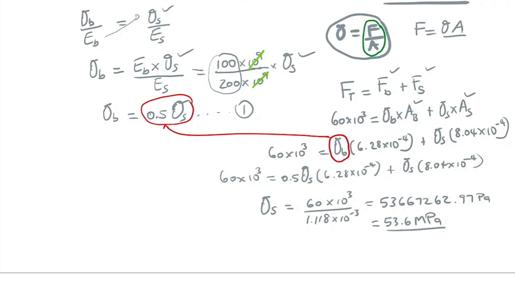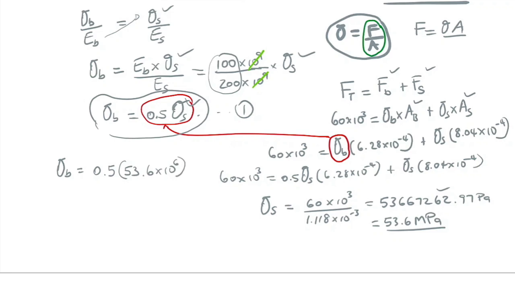Now we have to find the stress for the brass. To find the stress for the brass, we use this one: 0.5 times the stress for the steel, which we found here, 53.6 times 10 to exponent 6.